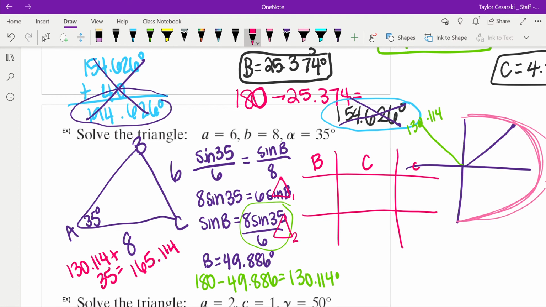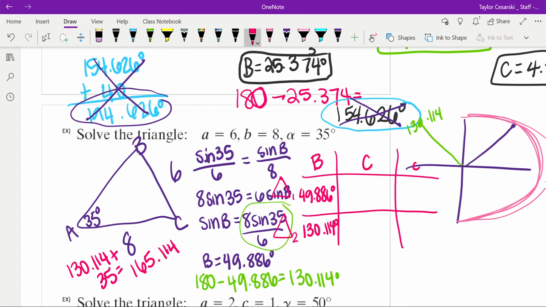Okay, and I kind of just fill in the chart that way. So my first triangle, angle B was equal to 49.886 degrees. My other possibility was angle B was equal to 130.114 degrees. Okay, so those are your 2 possibilities for angle B.